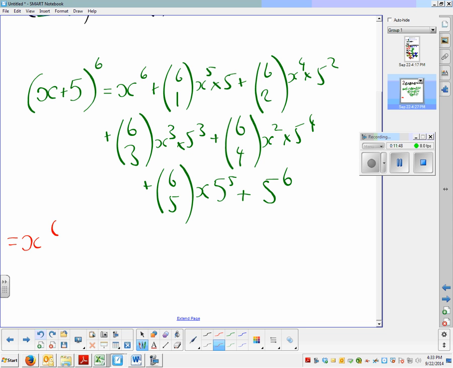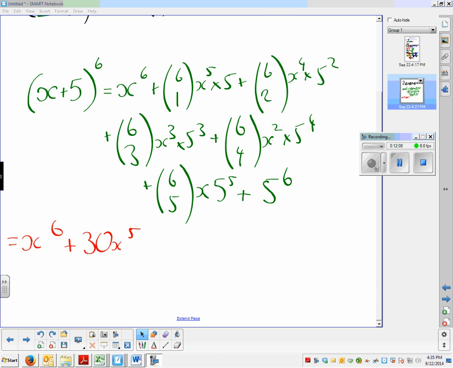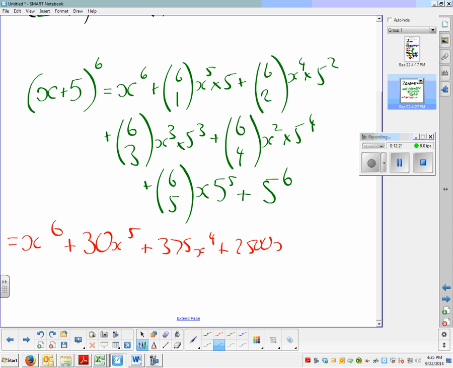So we get x to the 6 plus 30 x to the 5, 6 choose 2, 375 x to the 4 plus 2,500. These are just coming off the calculator, typing in the choose function.